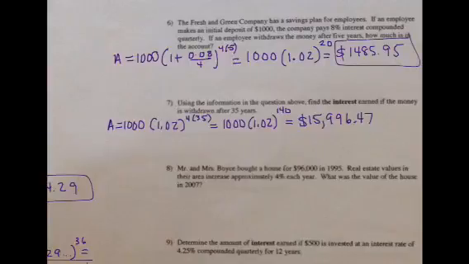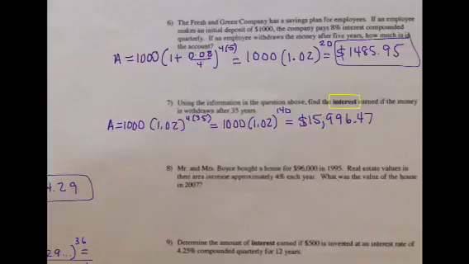So for number 7, notice I just put a mark, because it's talking about the previous problem, so this would be the same as this. Now what's different is that the time is 35 years, but the 4 is still 4 because it's compounded quarterly. So you put this into a calculator and you get that. So they're asking for the interest, right?